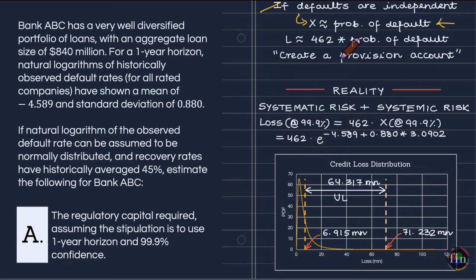Okay, so these common factors are factors such as, let's say, factors related to the overall economy. When the overall economy is good, your default rate will be low. When the overall economy is bad, your default rate will be high.